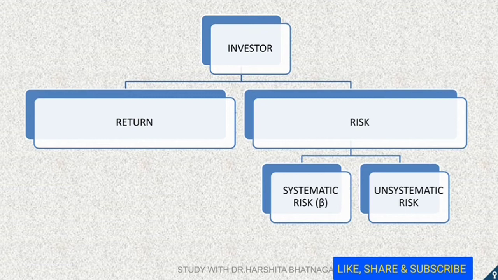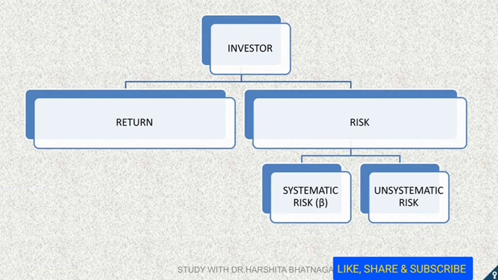These things will affect the complete system, so this risk cannot be controlled or reduced. Another risk is unsystematic risk, which can be reduced by diversification. So, it is also known as diversifiable risk, unique or unexplained risk, which can be reduced if the investor is smart.